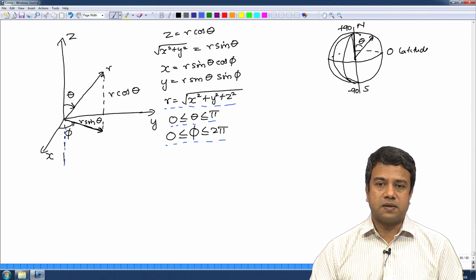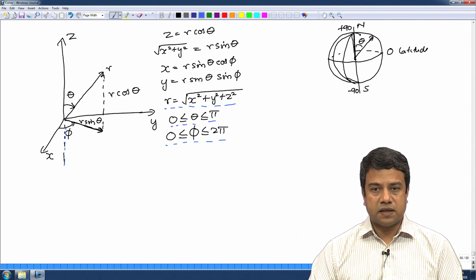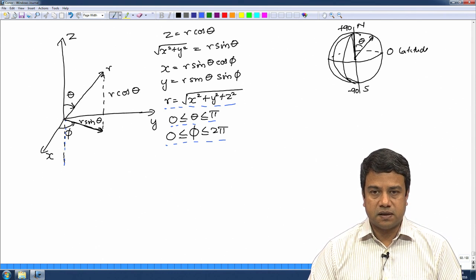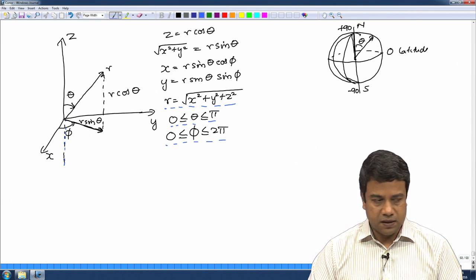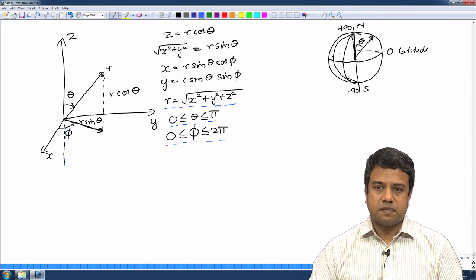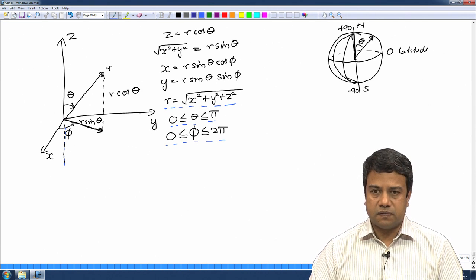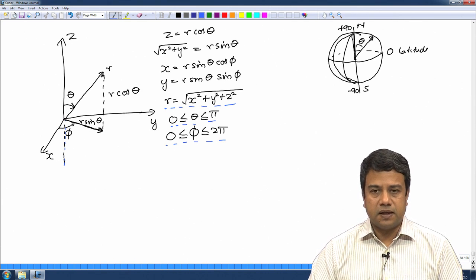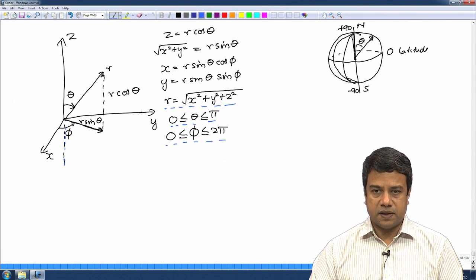If you change x to x plus delta x, the distance travelled is delta x. It has units of length. All three coordinates have units of length. In a spherical coordinate system, all three coordinates do not have units of length. Two of these are angles. Therefore, I need to define the distances carefully.